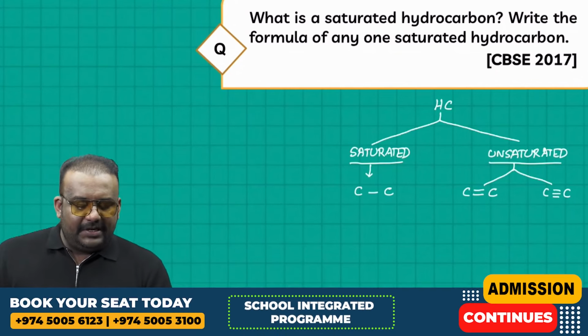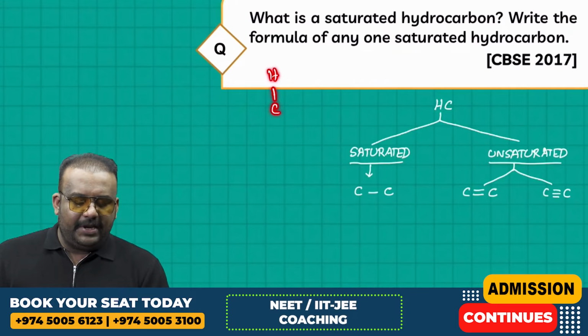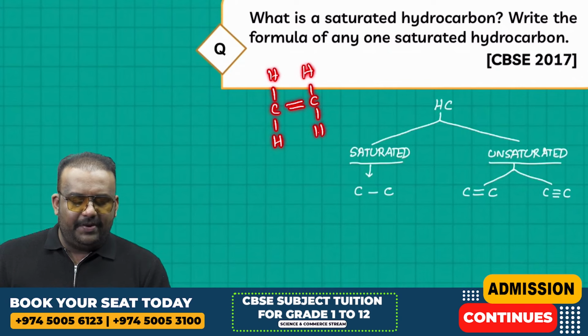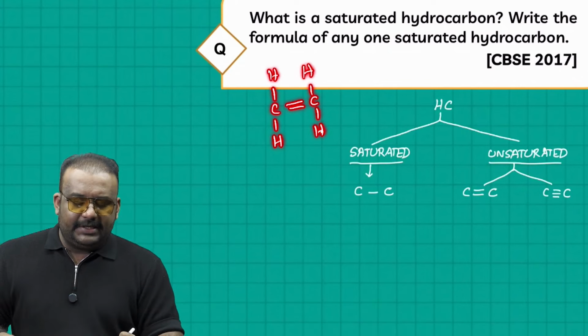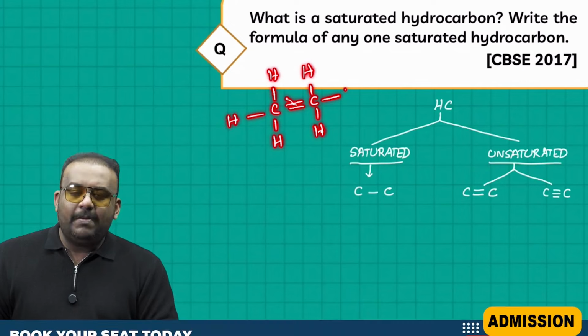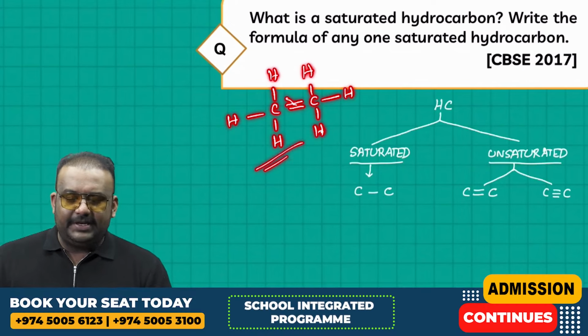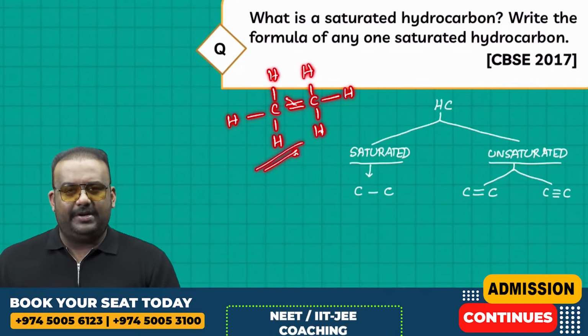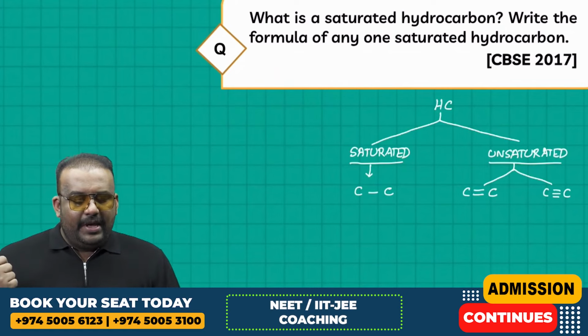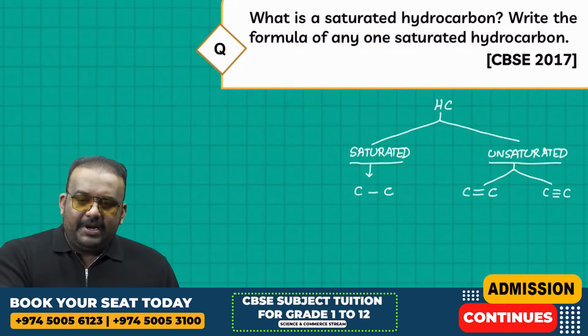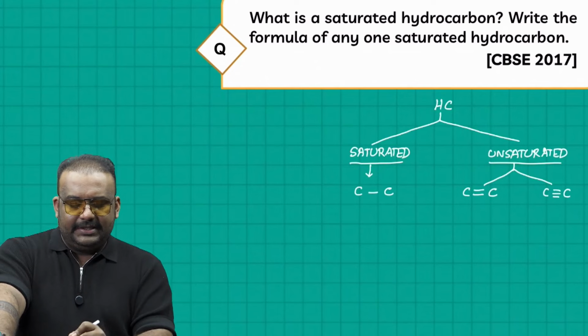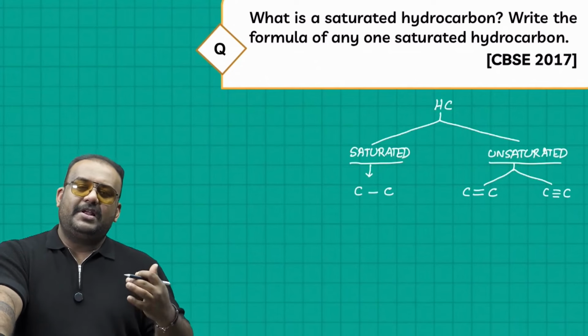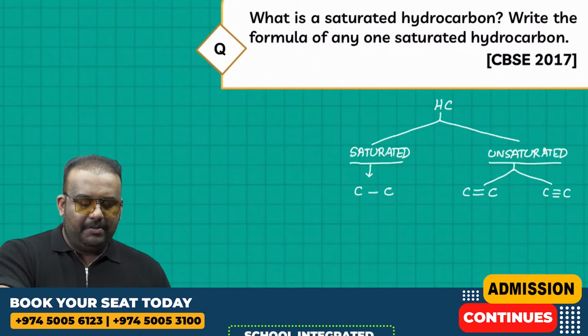And in case of unsaturated, for example, ethene is an unsaturated hydrocarbon. If I break one of the double bonds, I have a provision of adding more hydrogen into it. That's why it is called unsaturated. So a saturated hydrocarbon can be defined as a hydrocarbon that has only carbon-carbon single bonds.